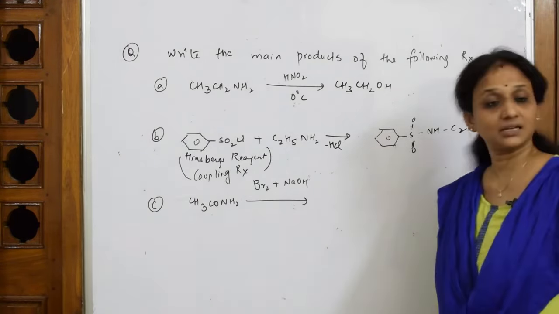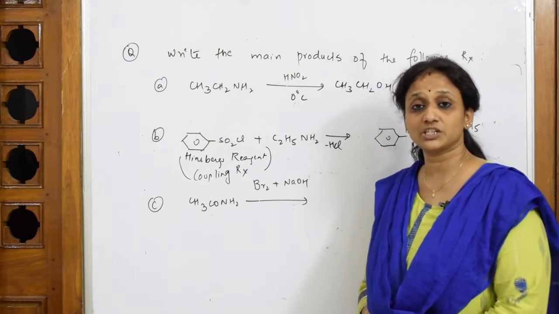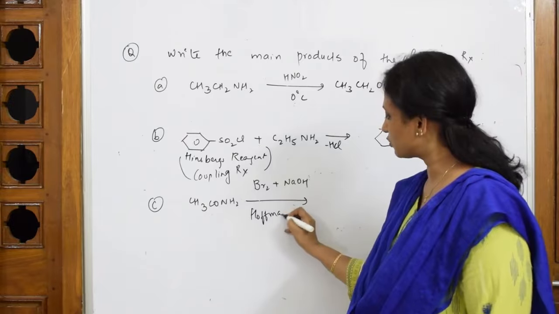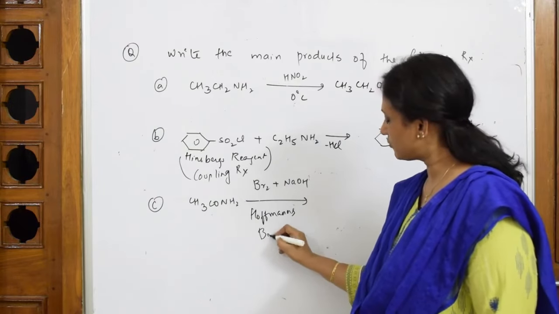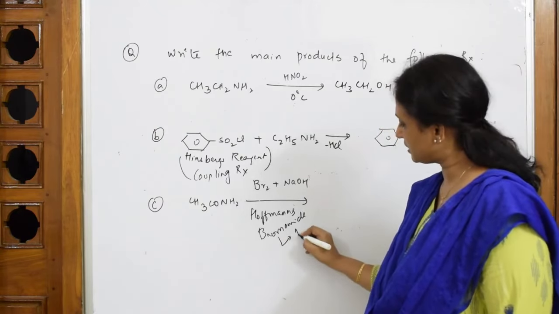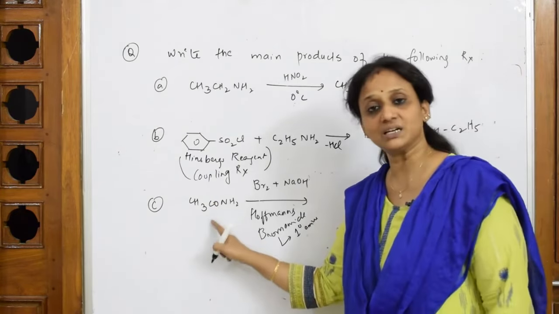Now let us come back. Now what is on the arrow? Bromine with NaOH, bromine with KOH, Hoffman's bromamide reaction. Same story again. Hoffman's bromamide reaction will always prepare, as I said, primary amines. But which primary amine? With one carbon less.